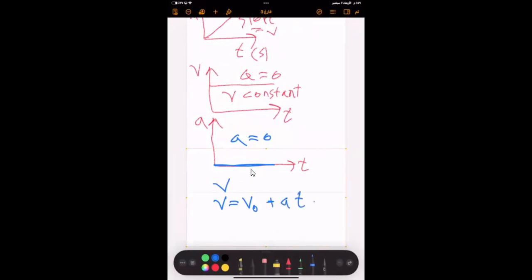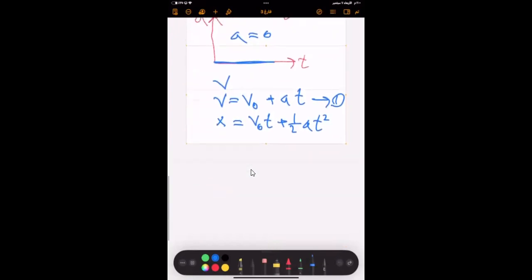This is the first law. These equations are called the equations of motion. This is the first equation. The second equation is x equals v naught t plus 1/2 at squared. From these two equations, we can find a third important equation, which is v squared equals v naught squared plus 2ax.